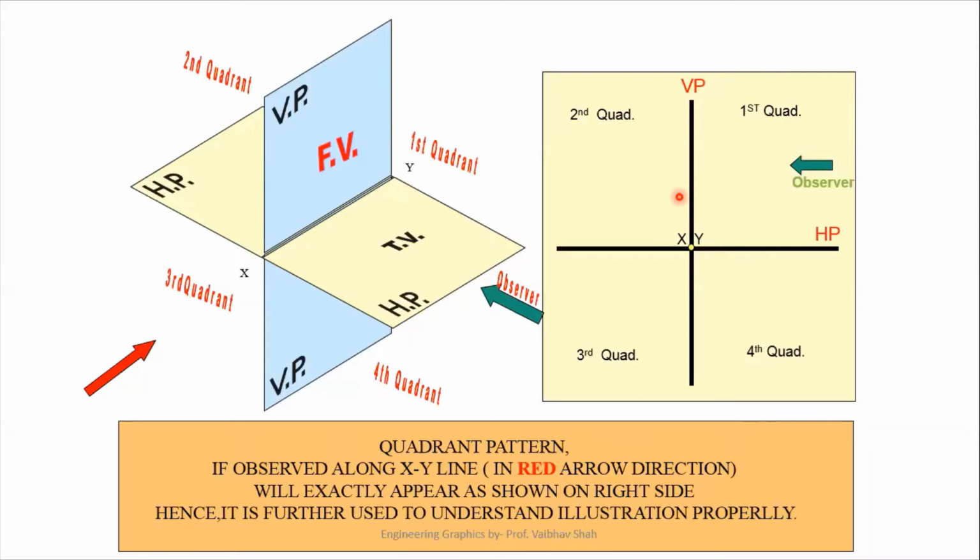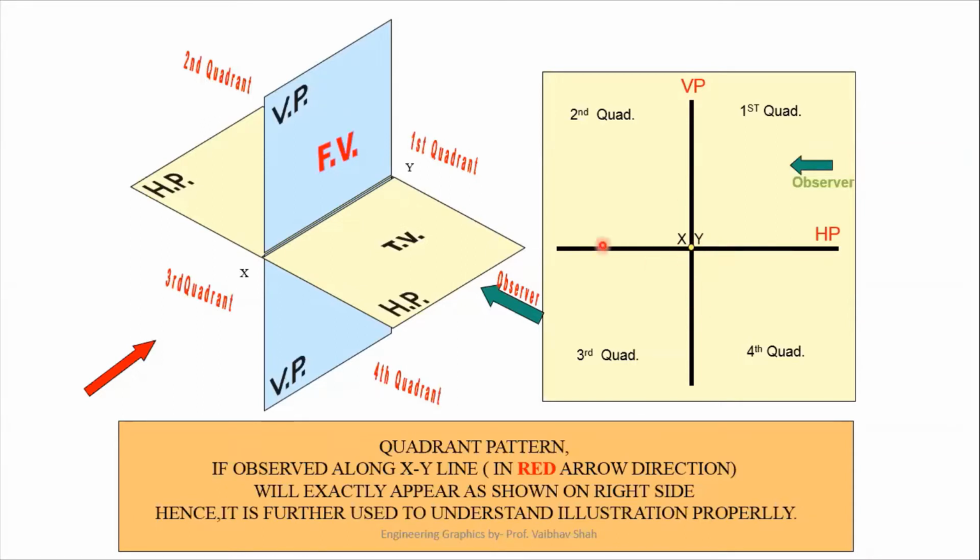As you can see, this is your horizontal line, which is nothing but your horizontal plane. This is your vertical line, which is at 90 degrees to your horizontal plane, so this must be your vertical plane. By intersection of these planes, we are having the center point XY.